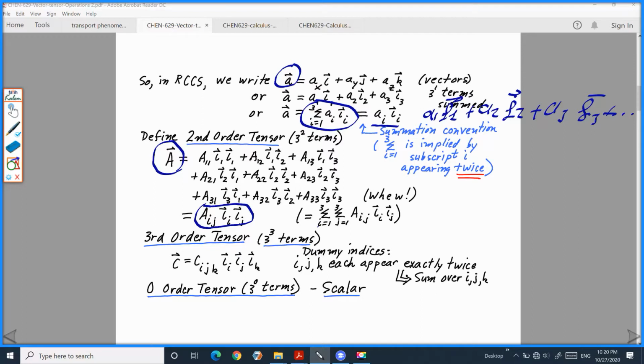So here this is the reduced form of that one. Also, a third order tensor can be represented here in third power, with 3 unit vectors inside of it. Here i, j, k each appears exactly twice, you see. And we call a zero order tensor a scalar.